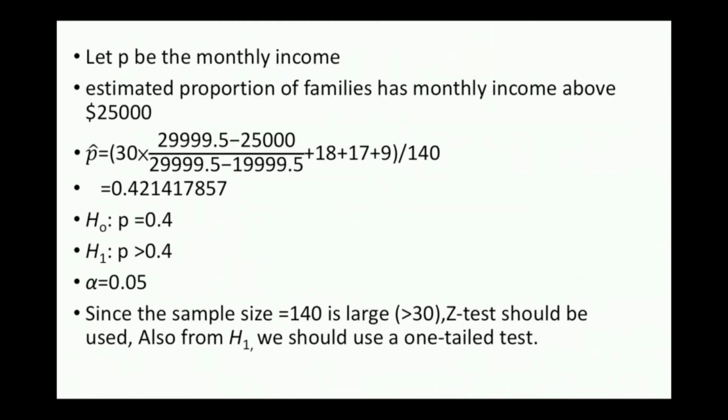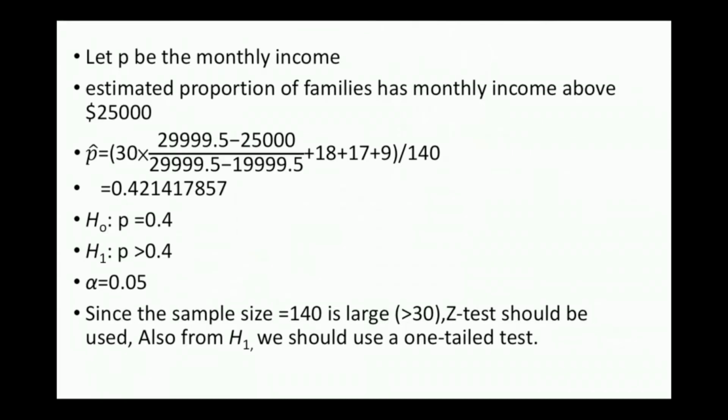P hat will be equal to 30 times (29,999.5 minus 25,000) divided by (29,999.5 minus 19,999.5) plus 18 plus 17 plus 9, over 140, which is equal to 0.4214.